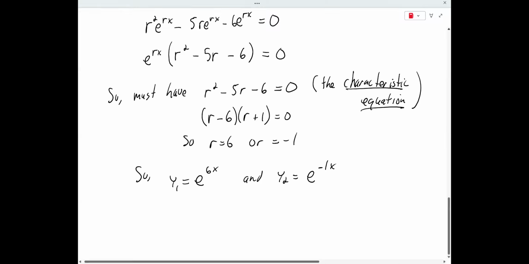So we got two solutions there. Anything so far? Because we have two solutions, and one's not a multiple of the other, from the handout, that means the general solution would be y equals c1 e to the 6x plus c2 e to the negative x.